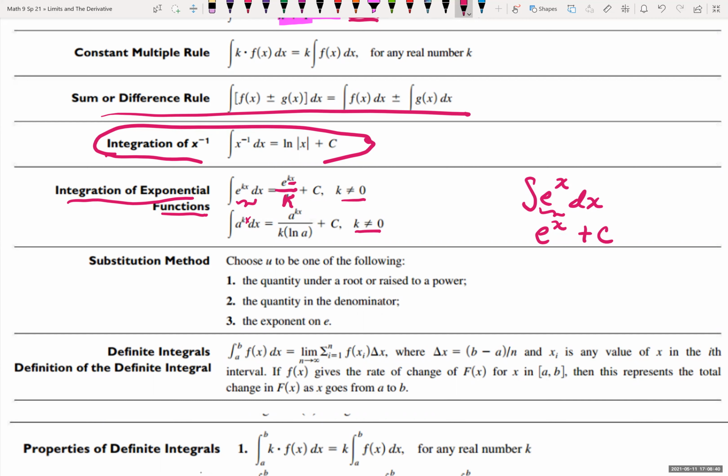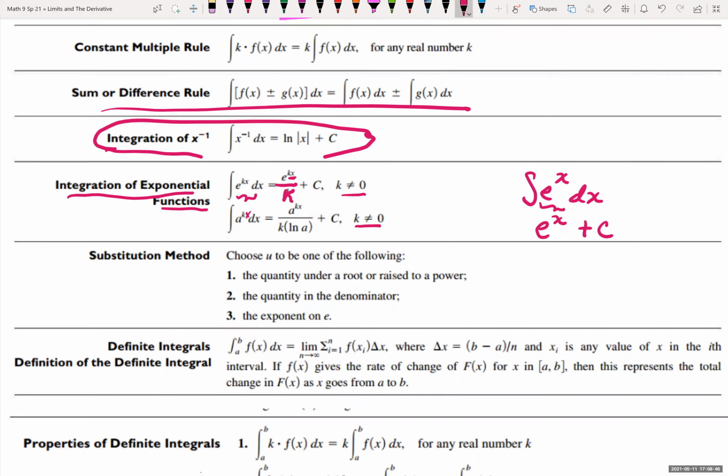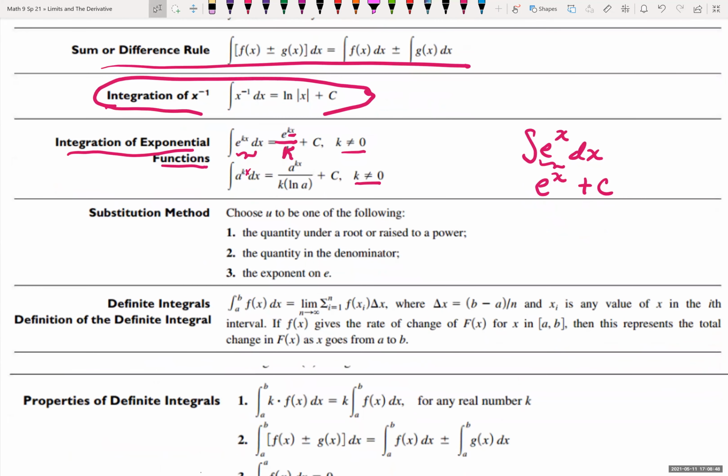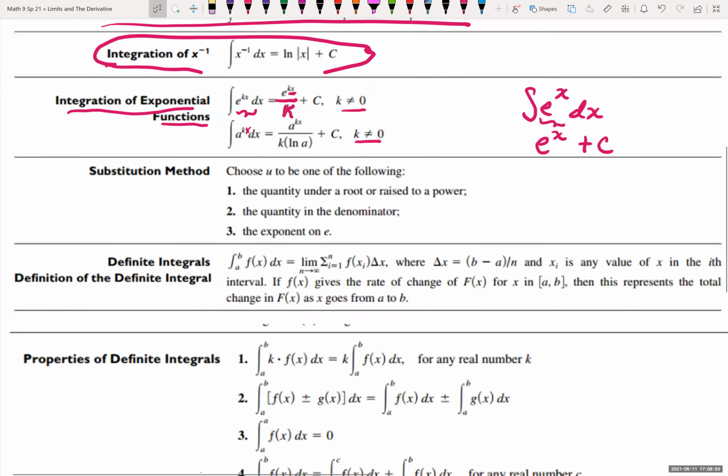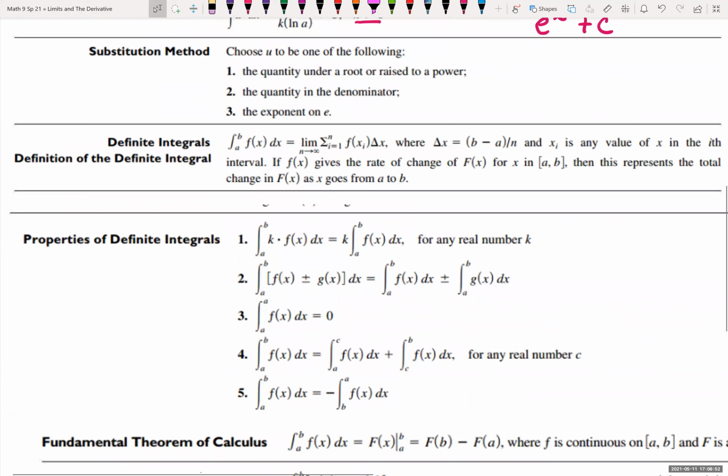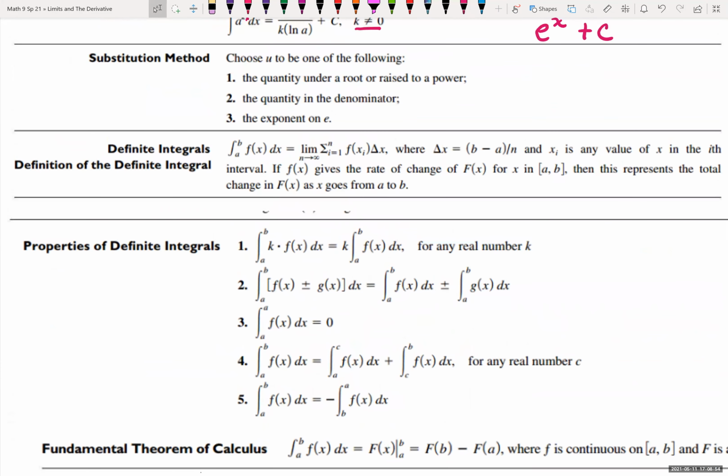Okay, so those were just our basic rules to help us to take the antiderivative or do integration, same idea, principle, same thing. And then sometimes it wasn't possible to find those integrations. And so we learned a rule called the substitution method.